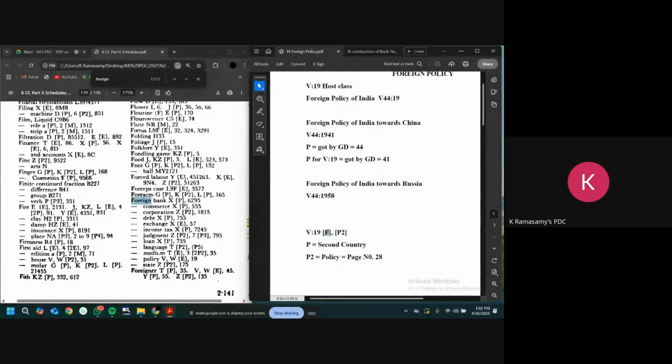What is P1? P1 stands for second country. What is P2? P2 stands for subject. So you can have foreign policy towards economics, foreign policy with war and weapons, foreign policy with refugees. You can have policy for many different subjects, so you can expand this number this way.